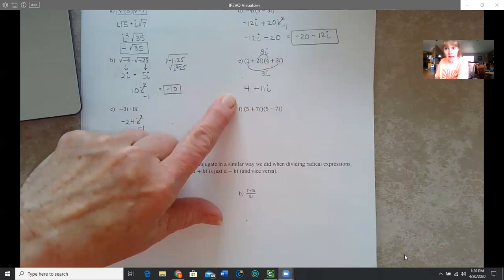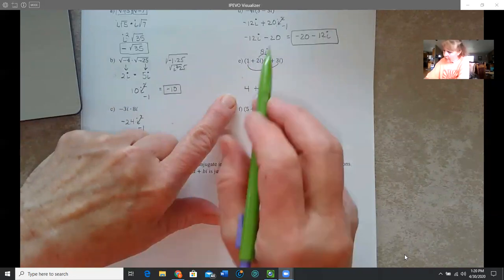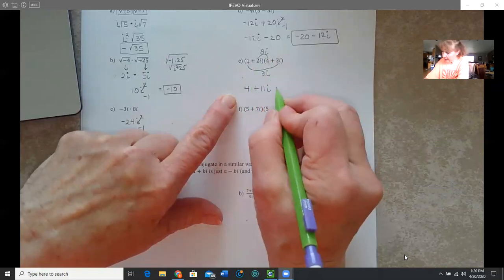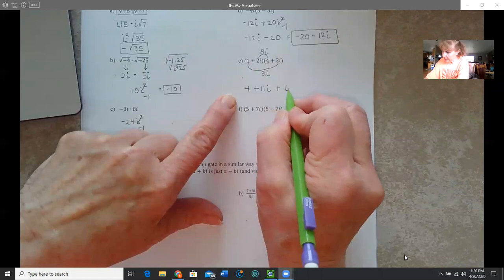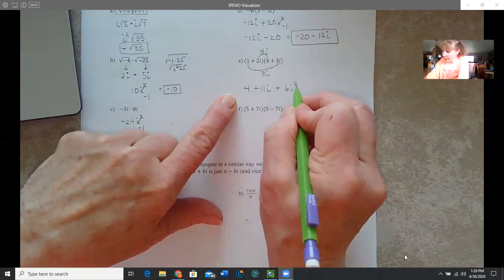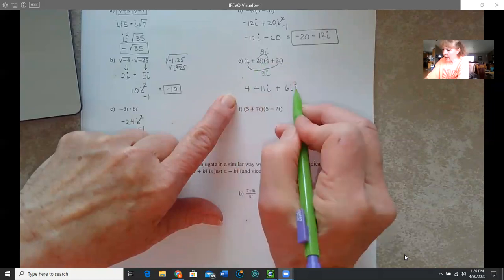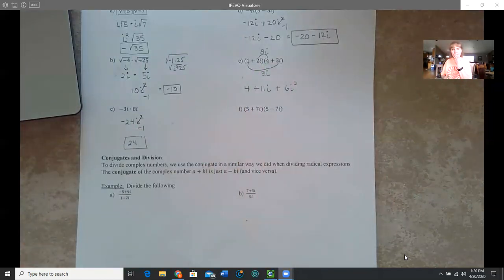Then I'll take the last times the last. So now I'm going to take 2i times 3i, and I'm going to get a positive 6i squared. Whenever you multiply these common bases, you add the exponents on them. Whenever you see that i squared, we're going to finish it now.